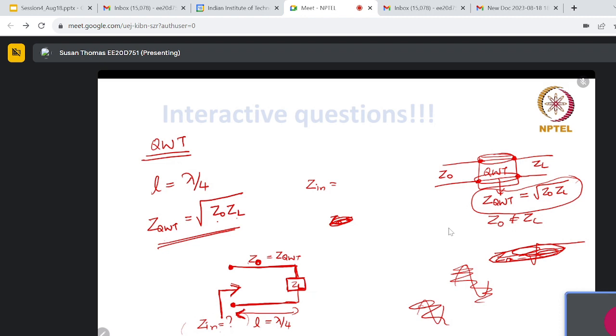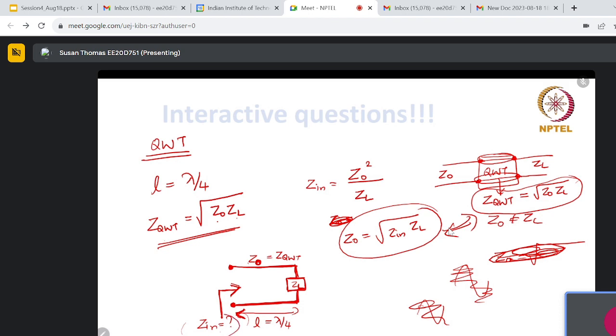I am trying to say how much will be the transferred impedance at this point. That will be Z naught square divided by ZL. If you cross multiply, Z naught is the square root of Z in into ZL. This is similar to the equation we have here. So Z in is the transformed impedance.